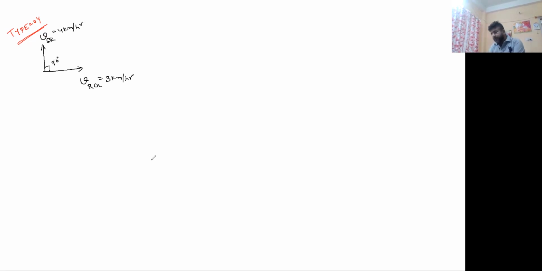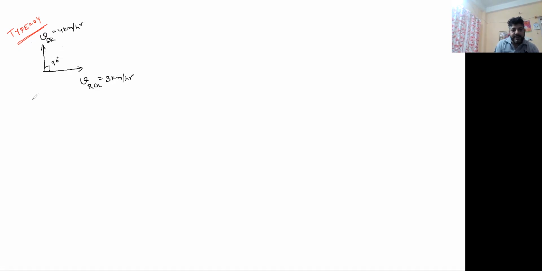Now again I want to read the question. A swimmer can swim in still water at a rate of 4 kilometers per hour, which is given here. If he swims in a river flowing at a rate of 3 kilometers per hour, and keeps his direction with respect to the water perpendicular to the current, find the velocity with respect to the ground.